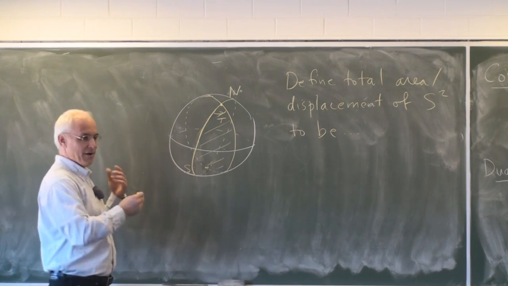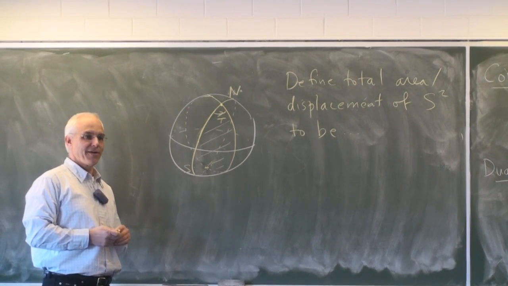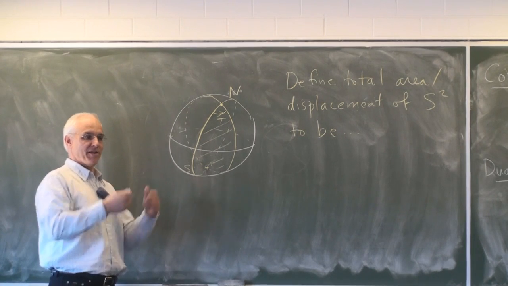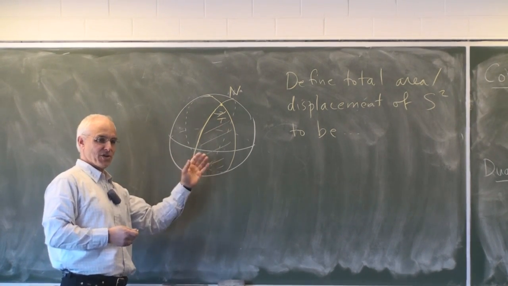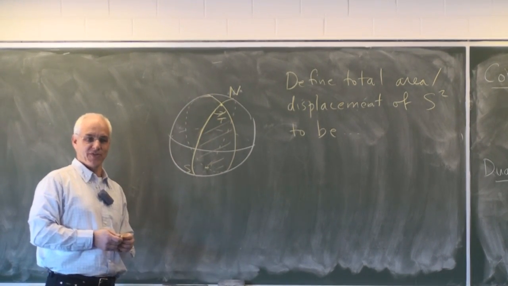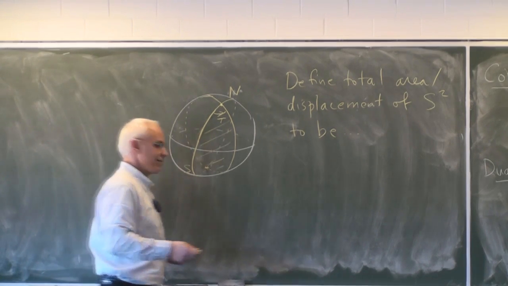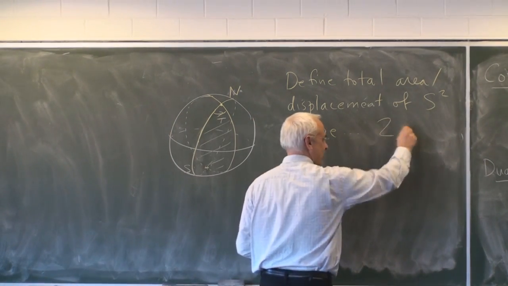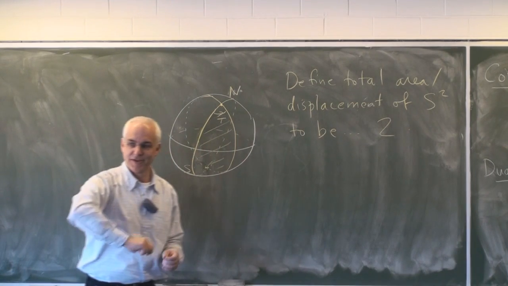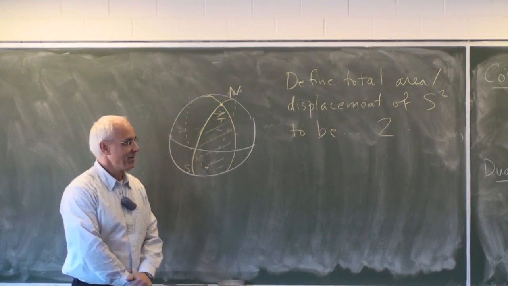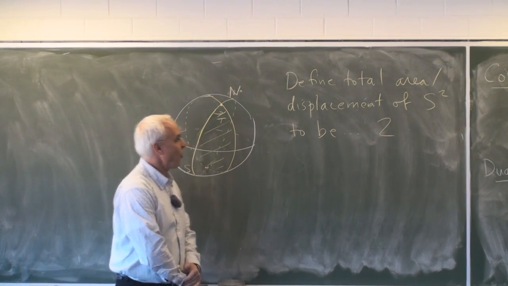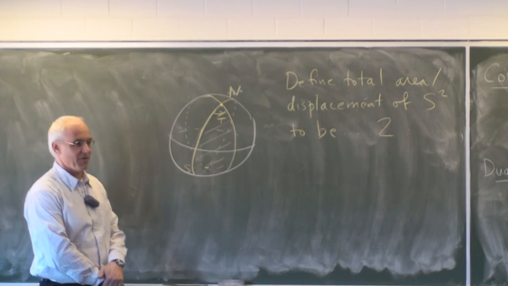It's maybe not entirely so obvious what we should choose here. After all, we're up 1 dimension. So instead of a 1-dimensional surface, we're on a 2-dimensional surface. Okay, that's maybe not such a good justification, but that's the number we're going to use. We're going to use 2 for the total area or the total displacement of the sphere.